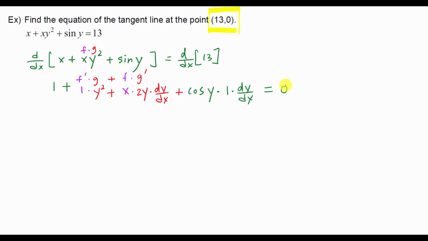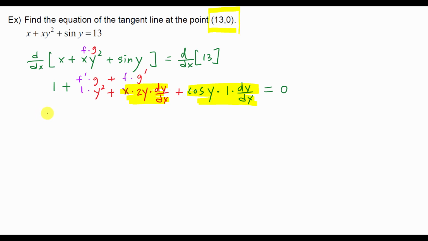And then we collect all the terms having dy dx on the left, and all the terms that do not have dy dx, we send to the right hand side. And since we're going to factor out dy dx afterwards, let me go ahead and do those two steps at the same time, if you can follow.